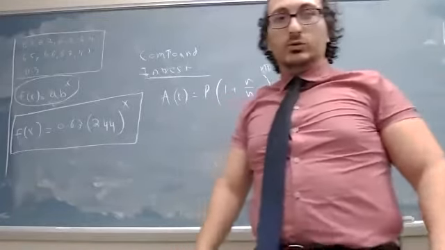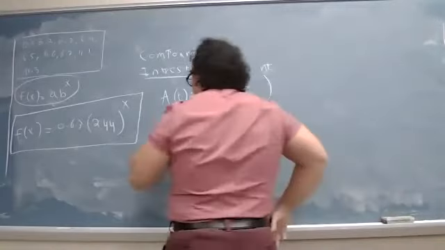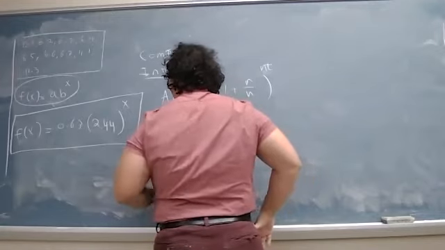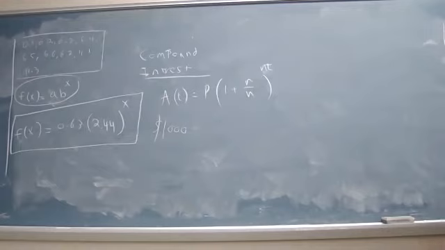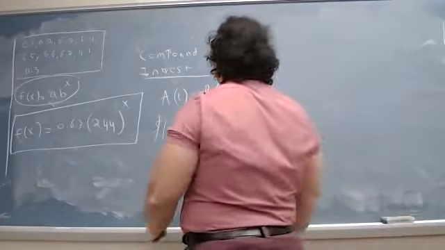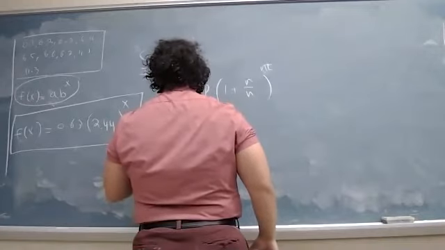So let's assume that you have $1,000. And let's say you want to leave that in the bank, and you want to know how much you'll have in your bank if you leave $1,000 in there for 20 years if it's compounded monthly.